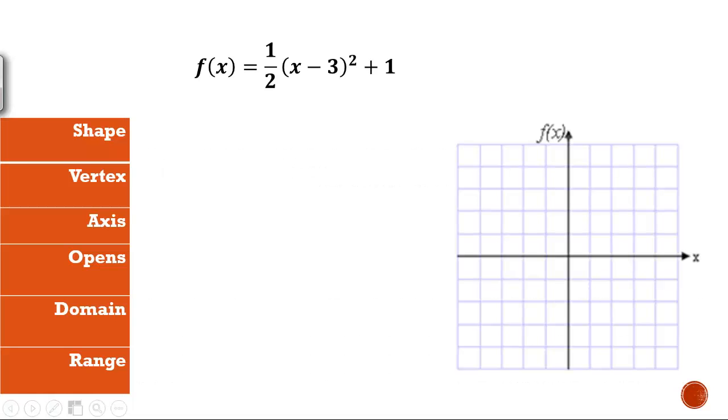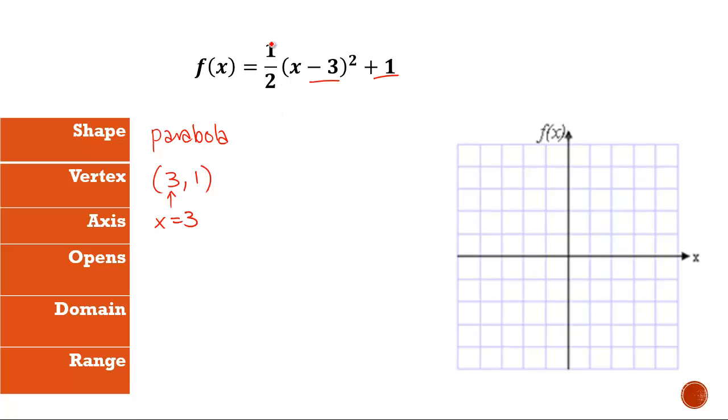Let's look at some more examples. So here, again, the shape is a parabola. The vertex is determined by our h and k, so that'll be (3, 1). Our axis is always going to depend on the x value of the vertex.